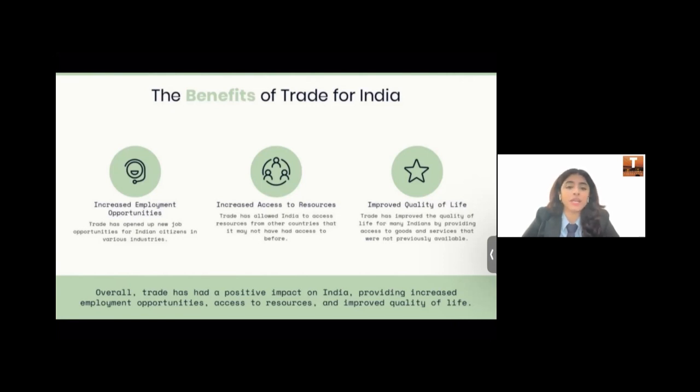By engaging in international trade, India can expand its market and reach beyond domestic borders, leading to increased demand for its goods and services. This in turn boosts production, employment, and investment, contributing to higher levels of economic activity and GDP growth. I'll give an example here. For example, Apple products. If Apple had been selling its products in just its own area in the US or in the UK, would it be okay?